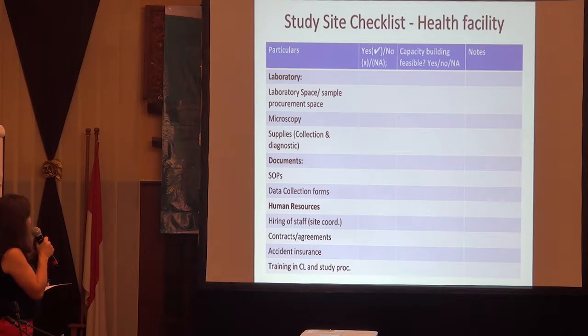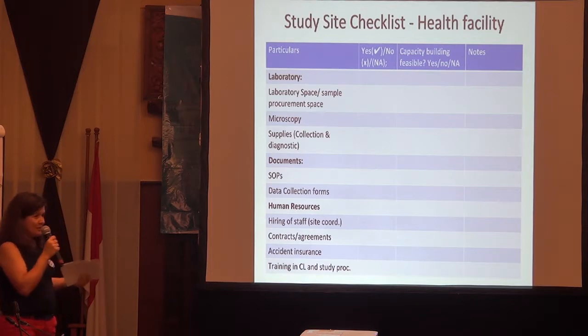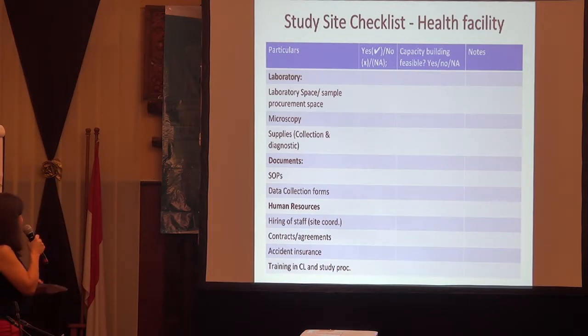So we adapted this checklist to the needs of the project. For example, in some parts of the project, we are going to need laboratory space and sample procurement space. We need a microscope, supplies for diagnosis and for sample collection.